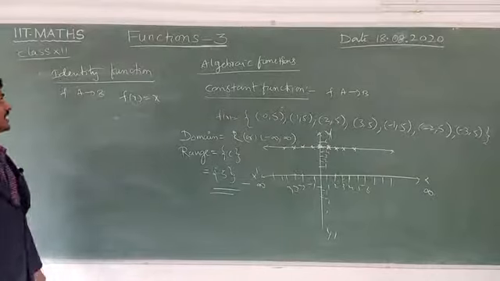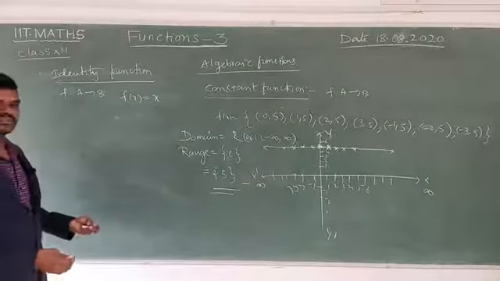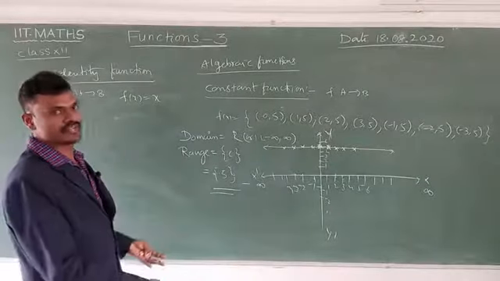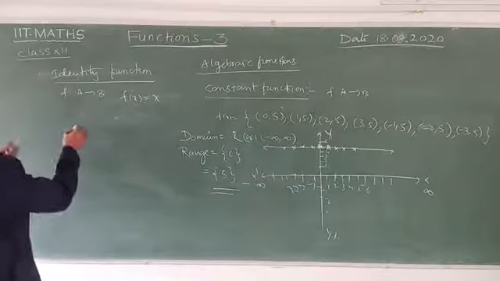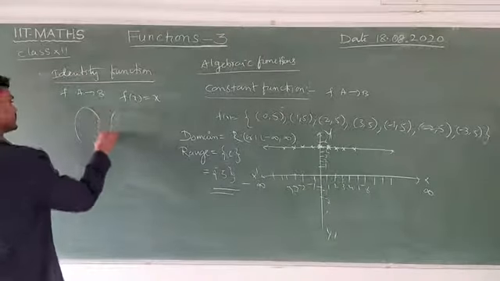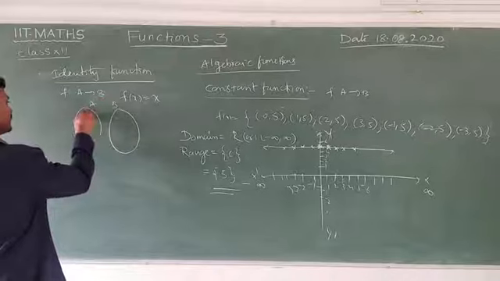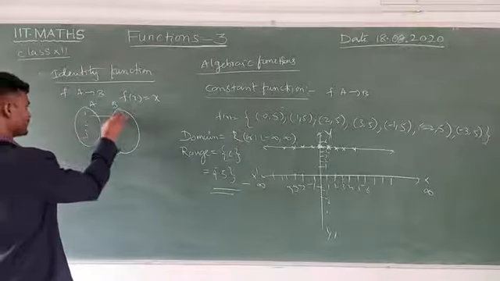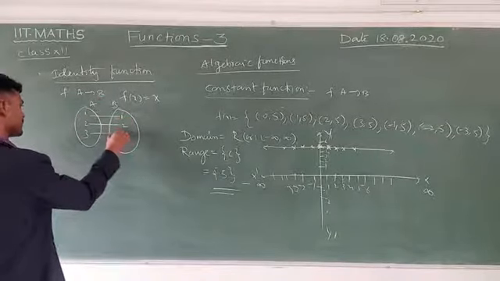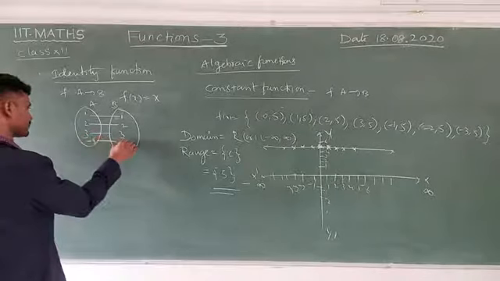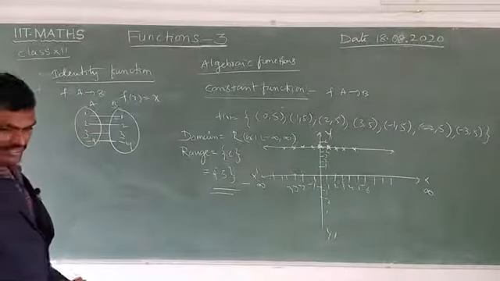Identity function means all the elements are mapped to themselves only. See here, this is A, this is B. Here 1, 2, 3. Here 1 is mapped to 1, 2 is mapped to 2, 3 is mapped to 3, minus 4 is mapped to minus 4 only. That's why this is the identity function.